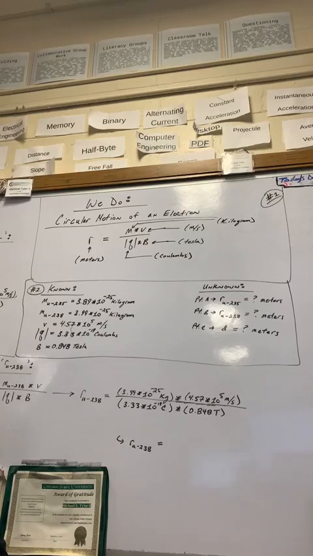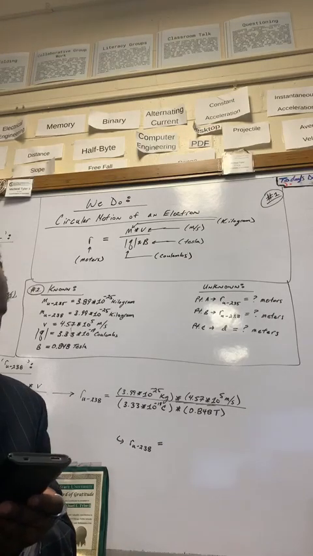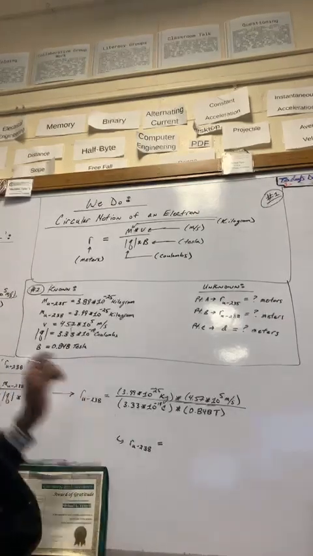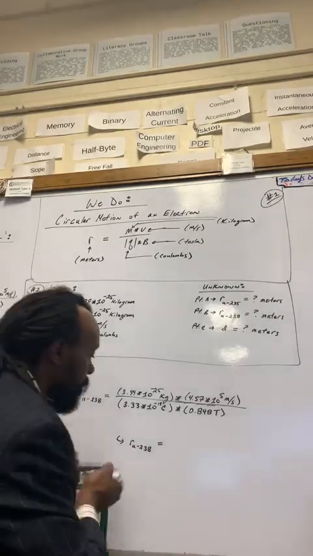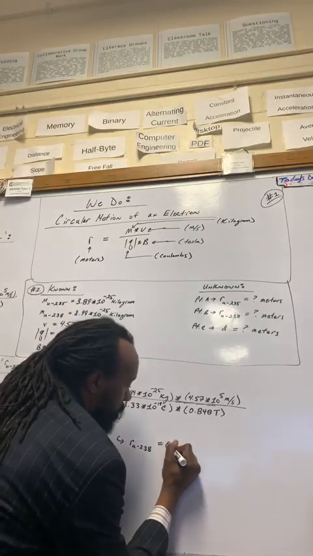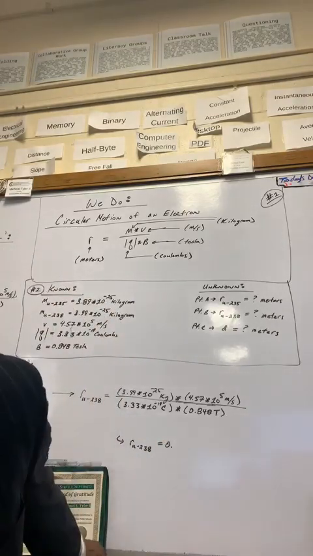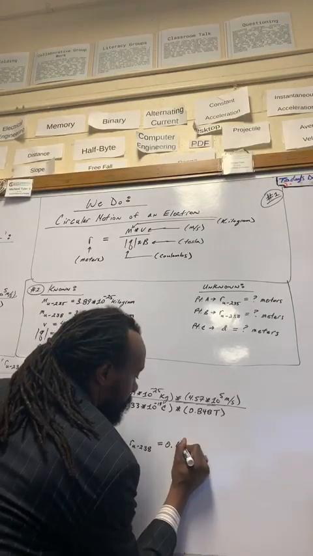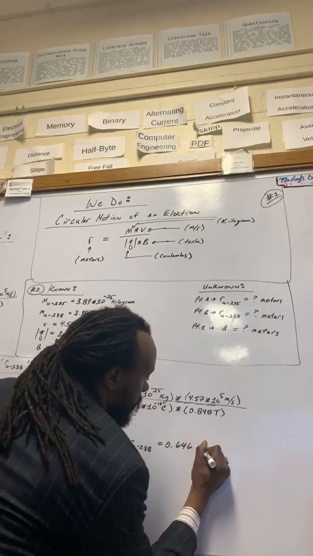So maybe I should tell the whole decimal value. So it's going to be 0.646 here. There's more to the decimal. Well, it's got to be different. 646.